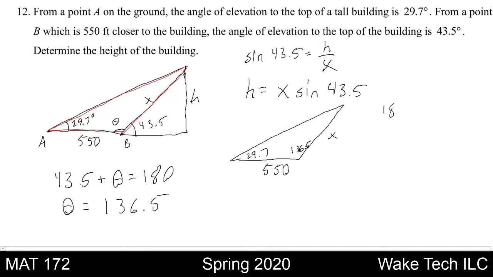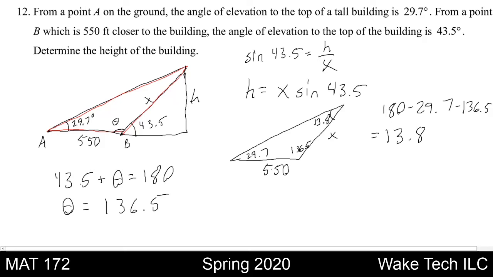In other words, 180 minus 29.7 minus 136.5 is, again, referring to my calculator here, 13.8. So this would be a 13.8 degree angle right there.